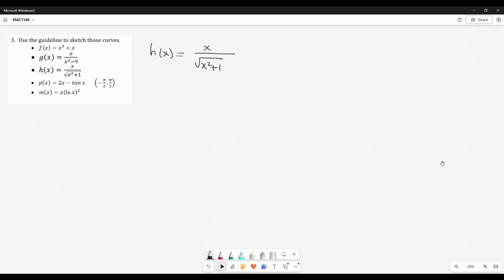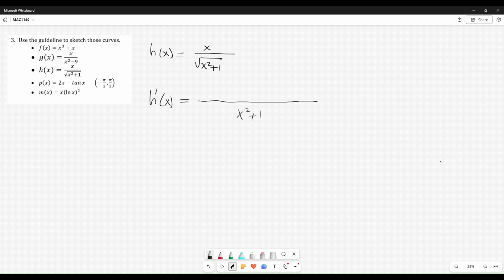Now the calculus part. Okay, derivatives. H prime of x is equal, using the quotient rule. But in the denominator we have this square, que es obvio que square and square root cancel out each other.